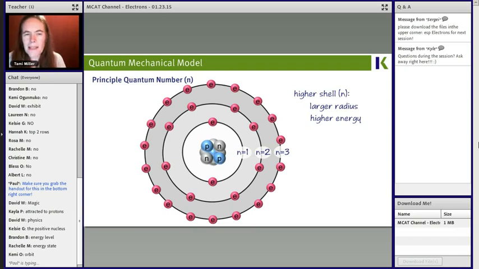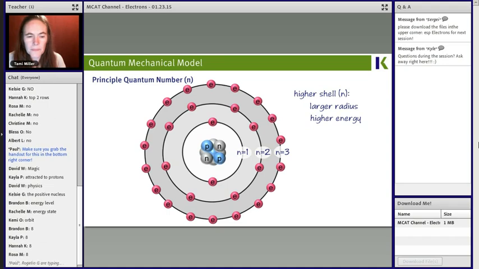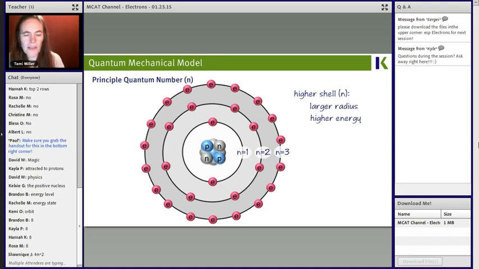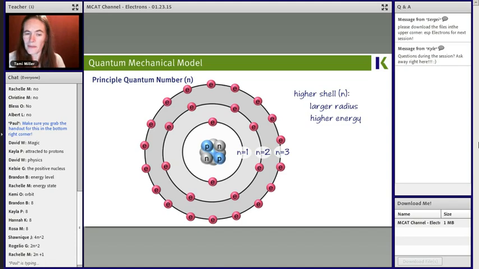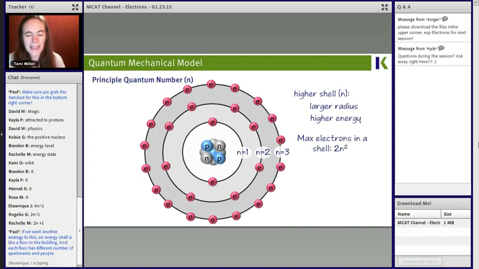What is the max number of electrons that I can have in any given shell? There's actually going to be an equation for this. And yes, Rogelio, did I pronounce that right? You've got that. It's 2n squared. Now, when we talk about the second shell, n equals 2, we definitely have 8 electrons. That is our max number.